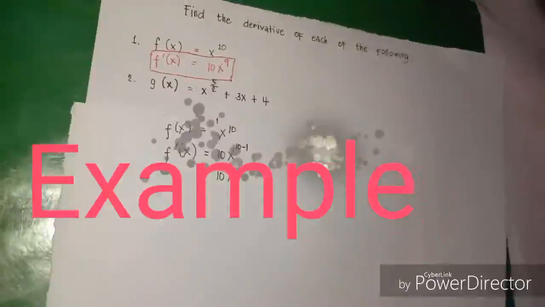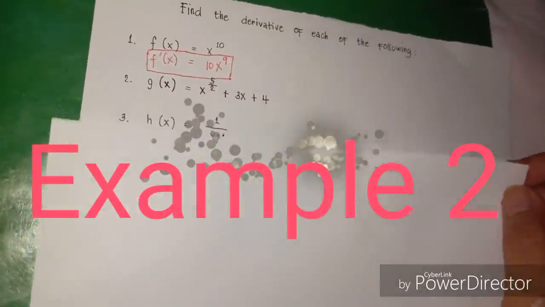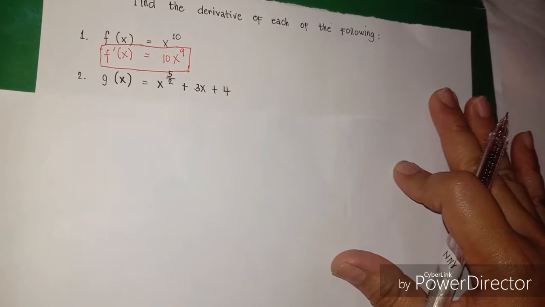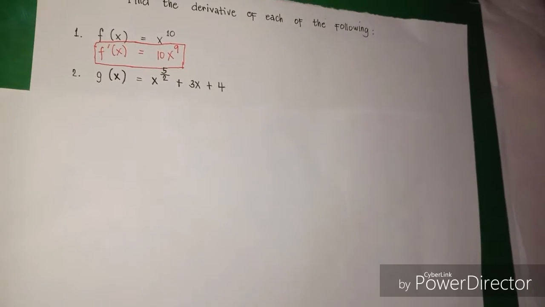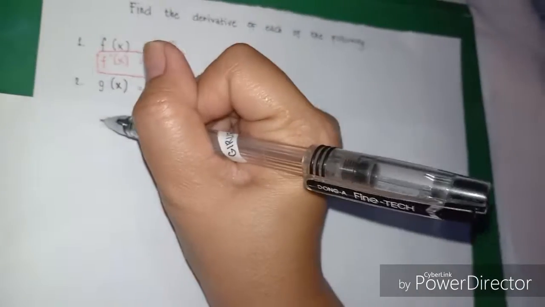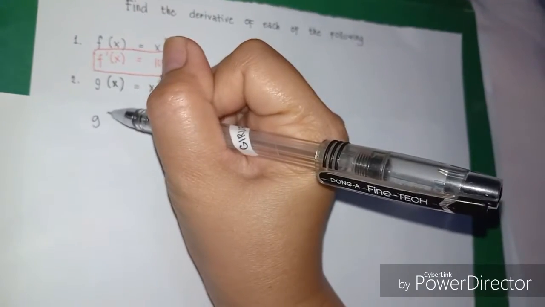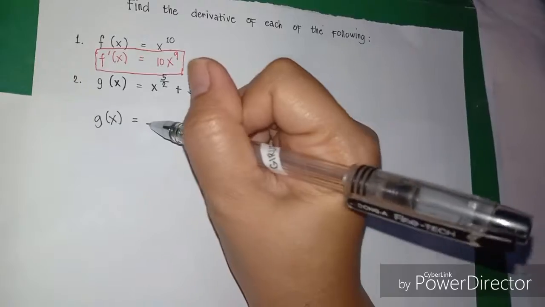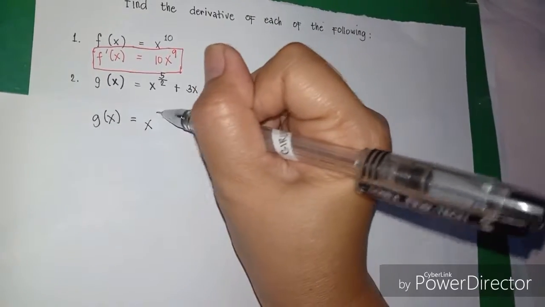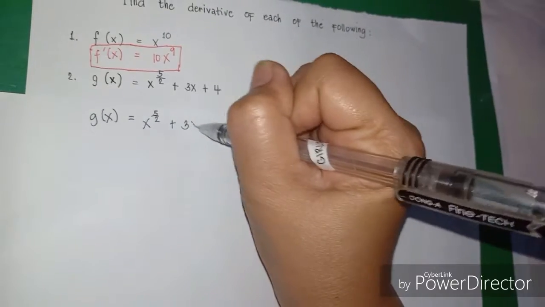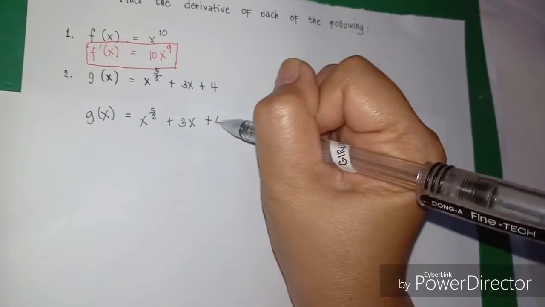For number 2, the given function is g of x is equal to x to the exponent of 5 over 2 plus 3x plus 4. So again, the given function is g of x is equal to x to the 5 over 2 plus 3x plus 4.